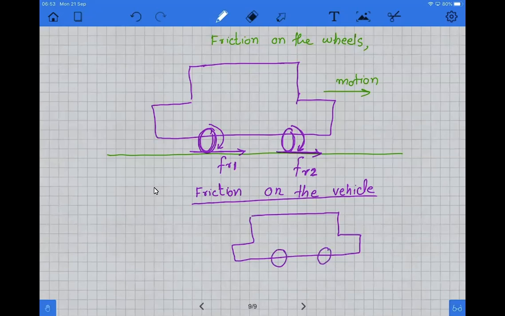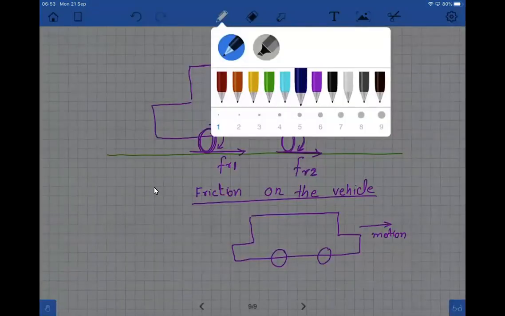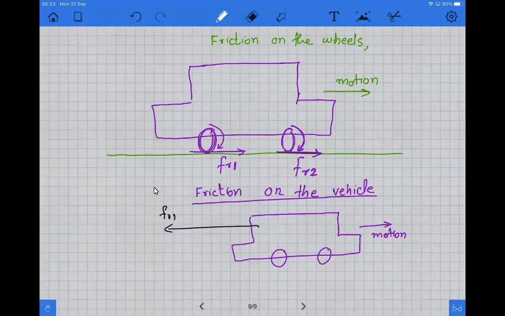It's moving forward, and the net effect of the friction is obviously against the motion. So it would be friction due to first wheel, plus friction due to second wheel, plus friction due to third wheel, plus friction due to fourth wheel. So friction of all the wheels is acting against the motion. It will be added up to work against the motion.